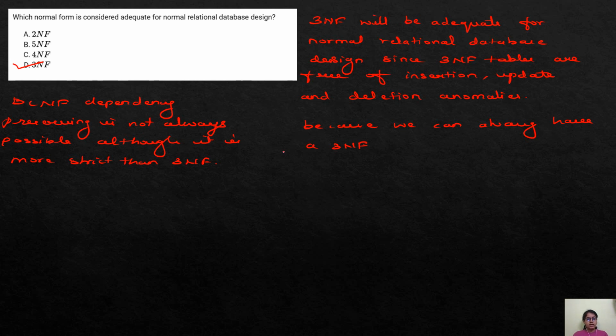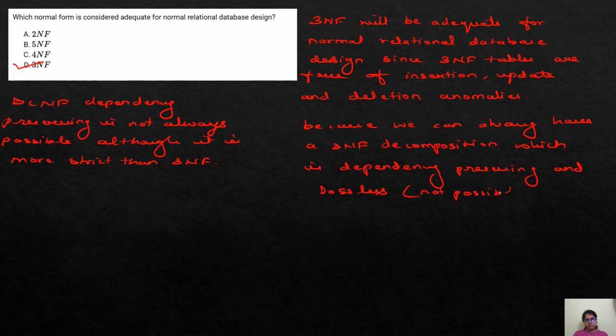Because we can always have a 3NF decomposition which is dependency preserving and lossless, this is not possible for any higher form.